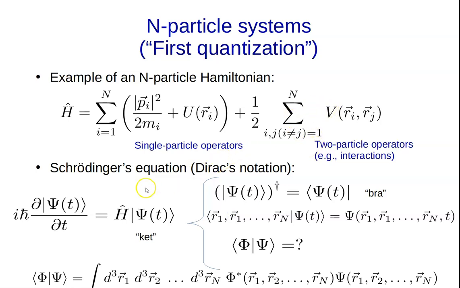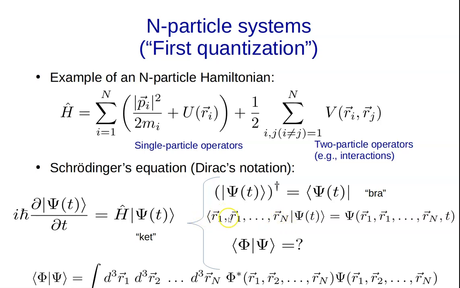Last class we defined the representations that we're going to work with. We're going to use Dirac's notation, and in many cases we'll bring it to the configuration space with R, this should be R_i, sorry, with i going from 1 to n. Because we have n particles, we have 3n coordinates, right?